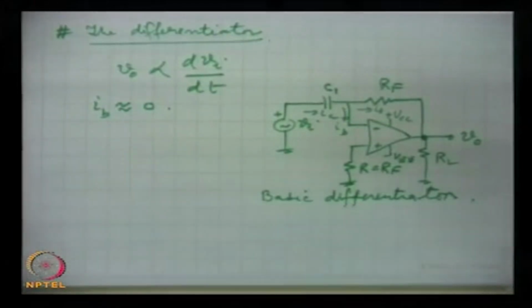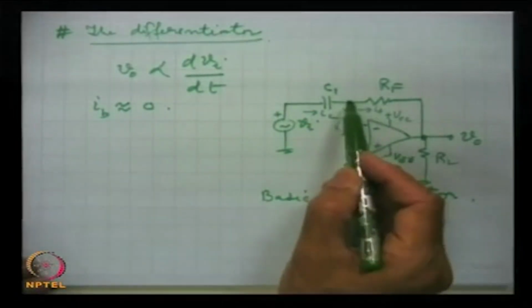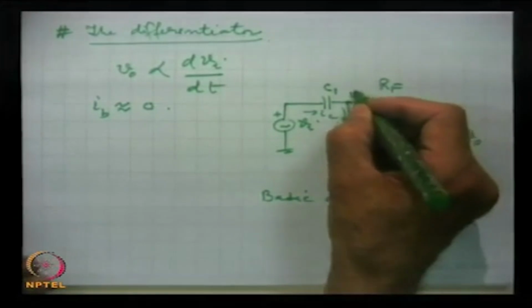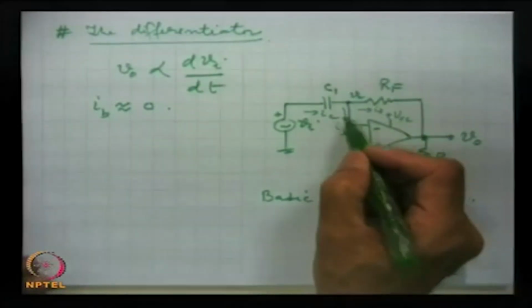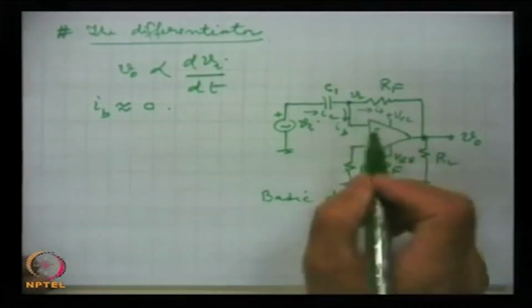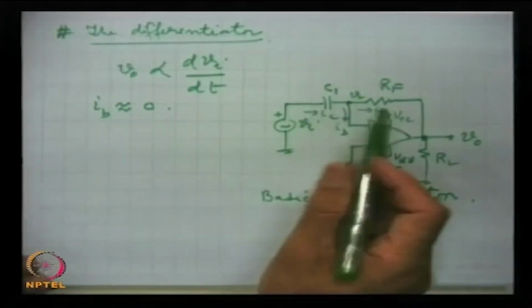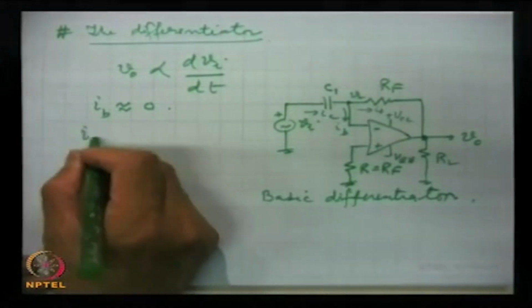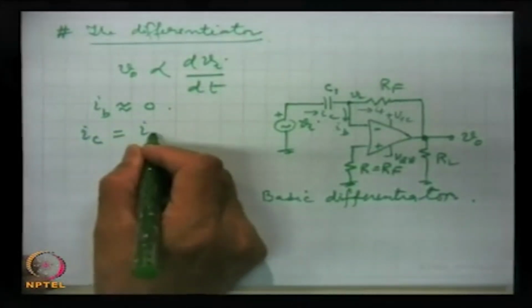If IB is taken 0, that means no current is going in the inverting input arm, then we can write IC equal to IF.